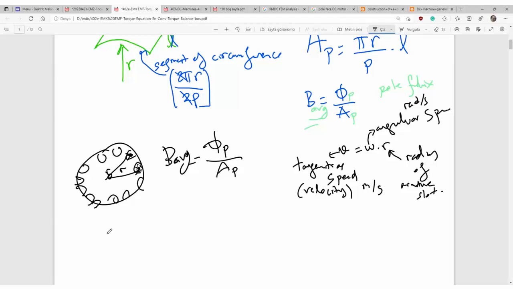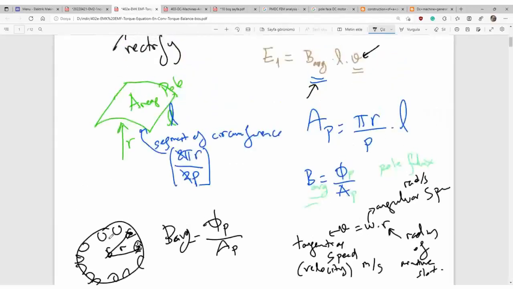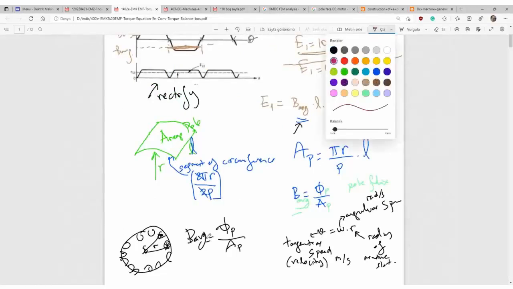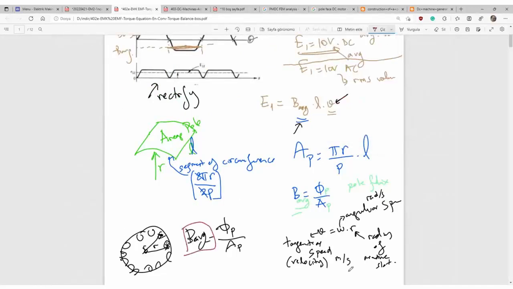Now, here we have two different parameters already defined. One is B average, the other is velocity. Let's substitute those two into the equation.